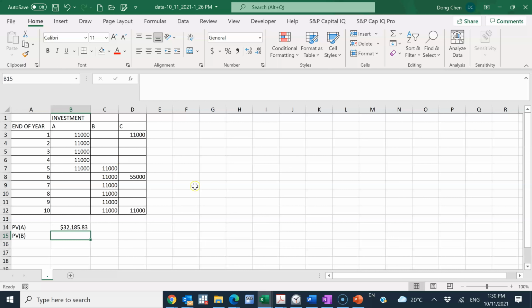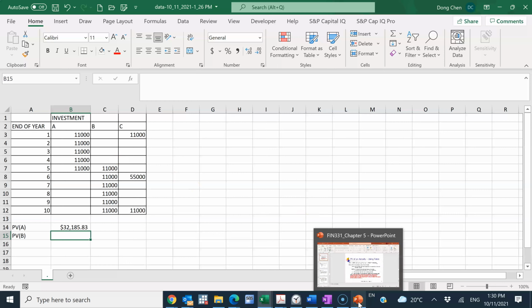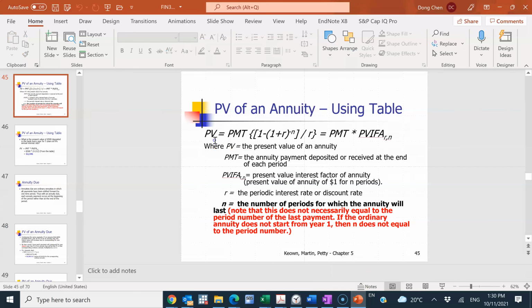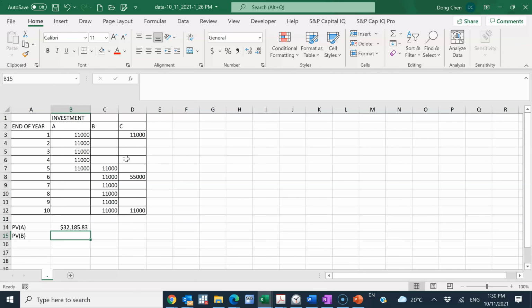We need to be reminded that the formula for the present value of an annuity refers to the present value 1 year before the first annuity payment.